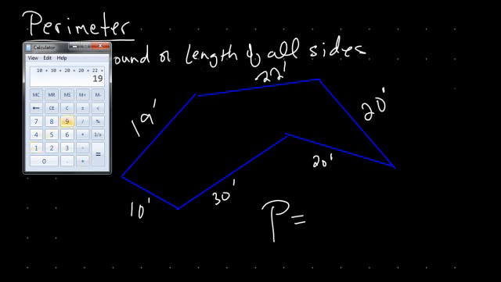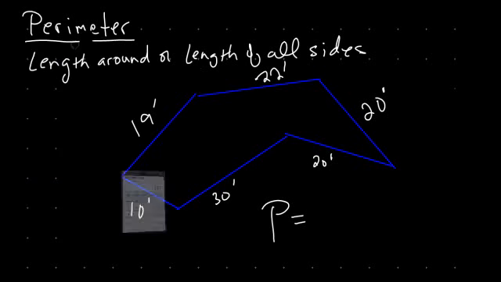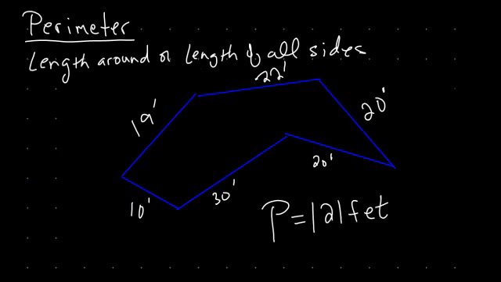Is that all? 10, 30, 20, 20, 22, 19. That's it. We got 121. Our perimeter is 121 feet.